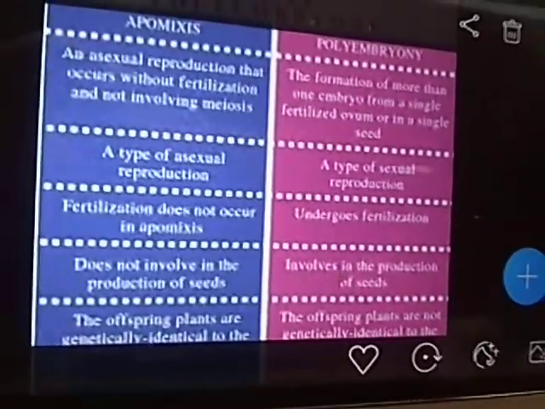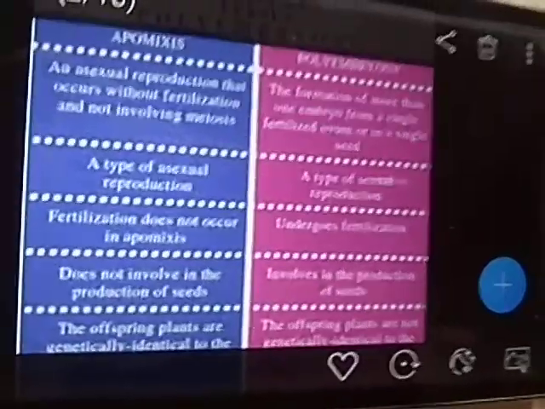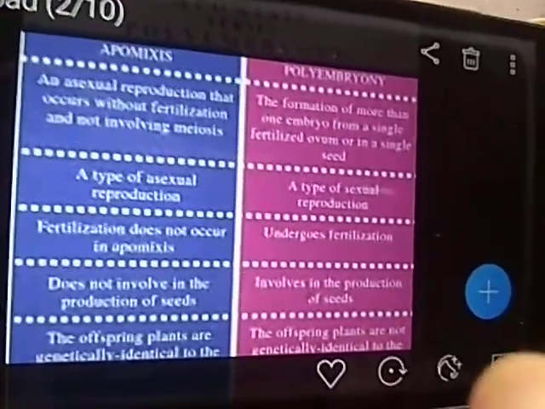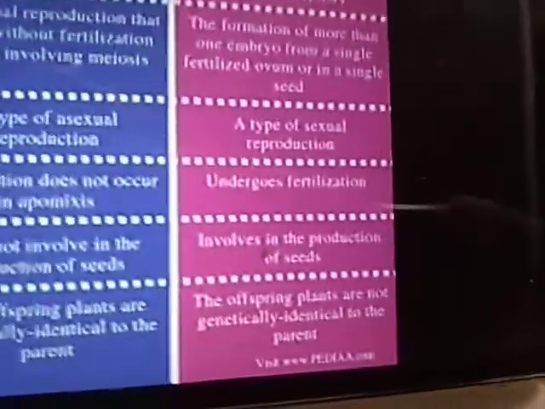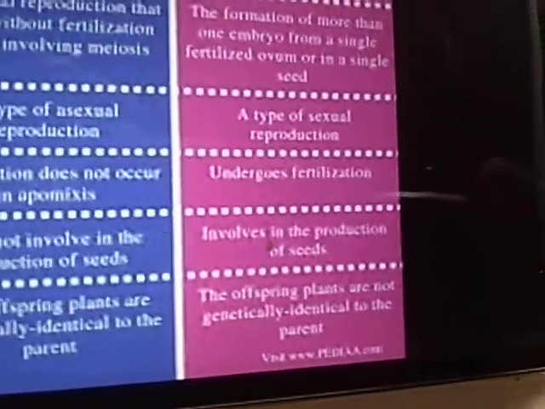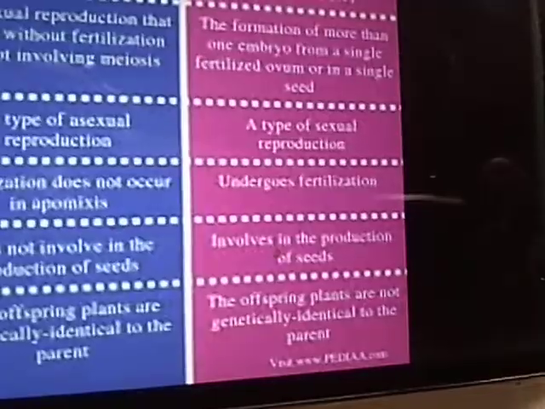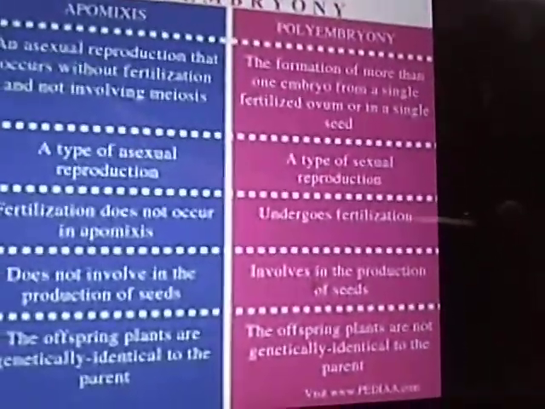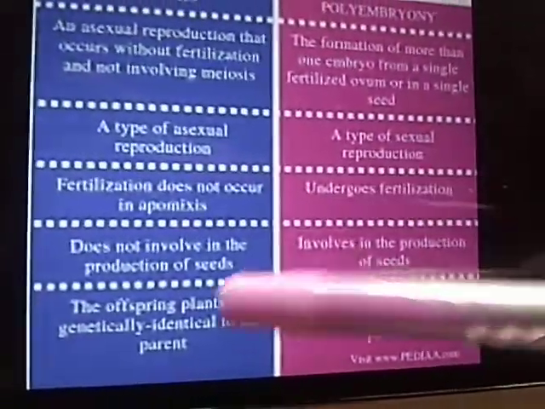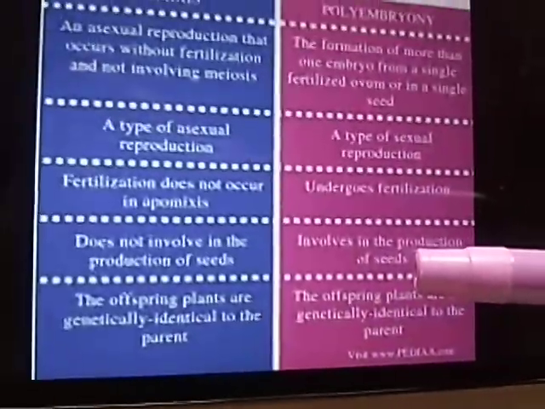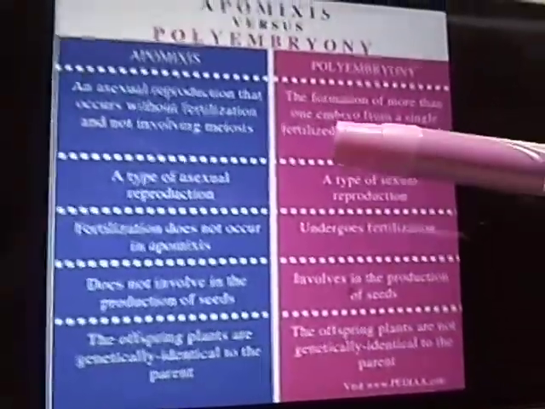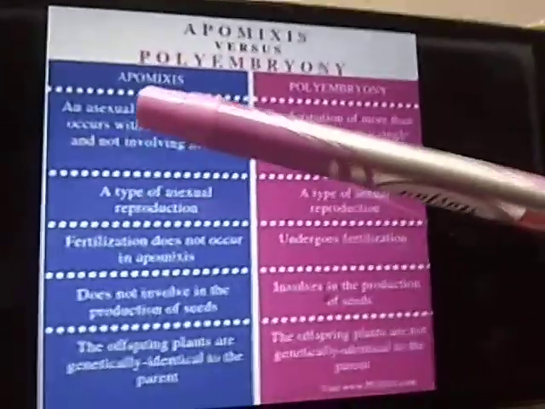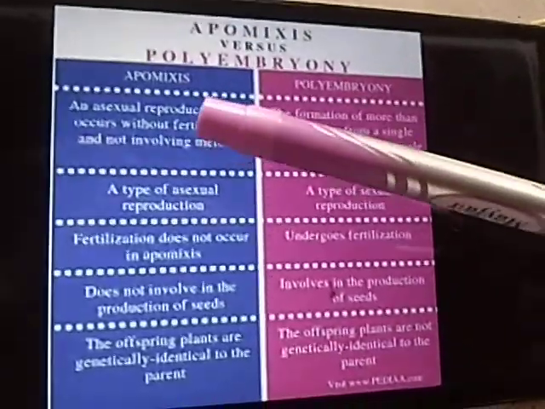The offspring of plants are genetically identical in apomixis because there is no fertilization. But in polyembryony, the offspring plants are not genetically identical to the parents. So see there the differences: apomixis and polyembryony.